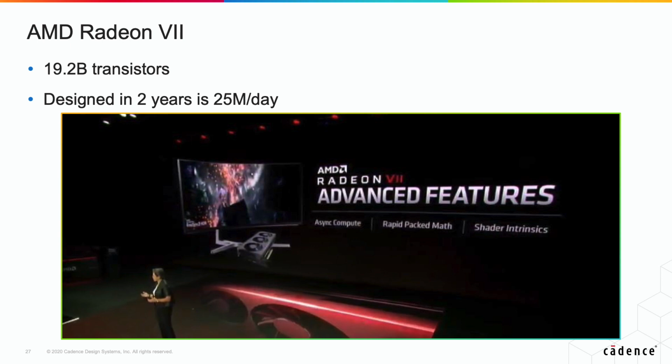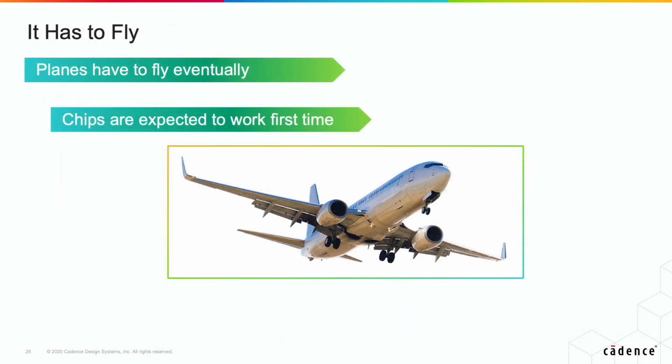That's 25 million transistors a day, the rate that they had to design that at. Now, of course, that's not one person doing that, but even so, that's an incredible amount. When I started in this business, a chip was 10,000 gates, so maybe 40,000 transistors. That was the state of the art. And if we got 1,000 transistors a day designed, that would be extraordinary, right?